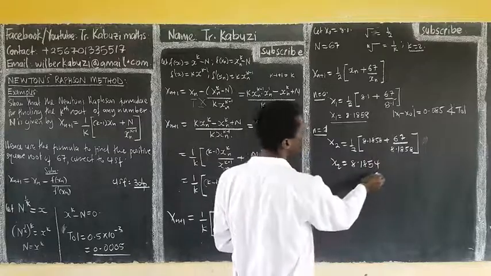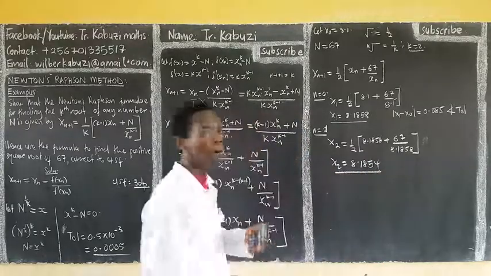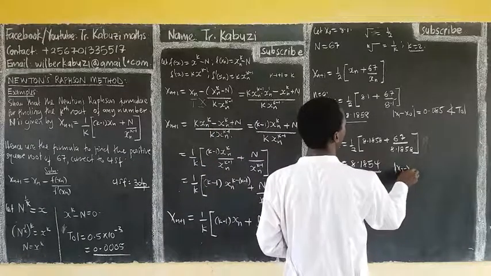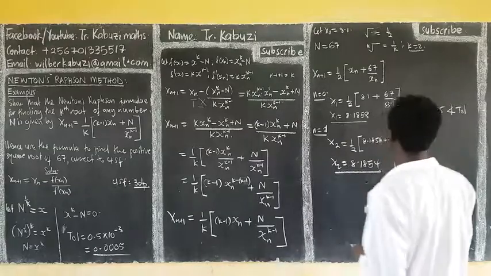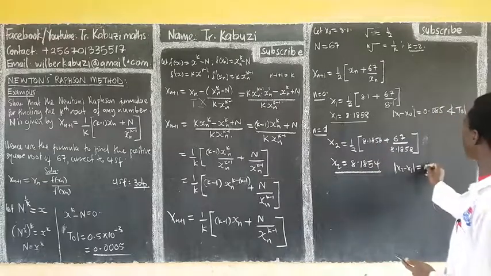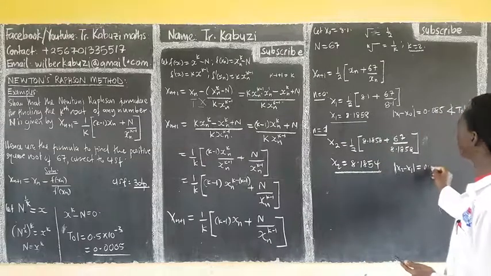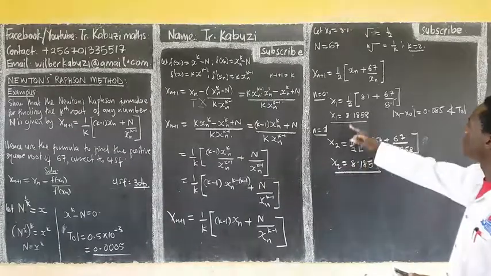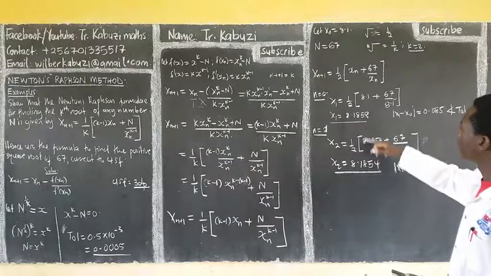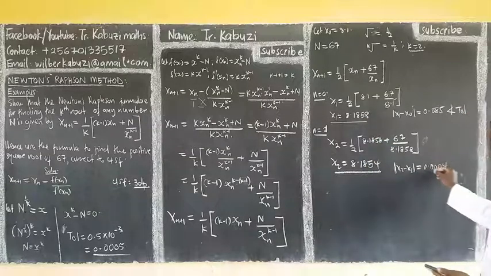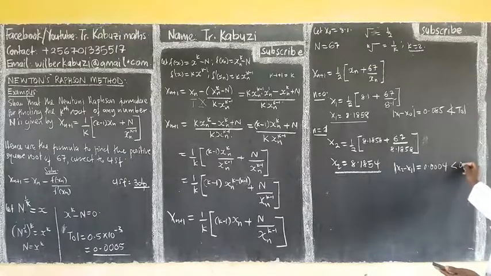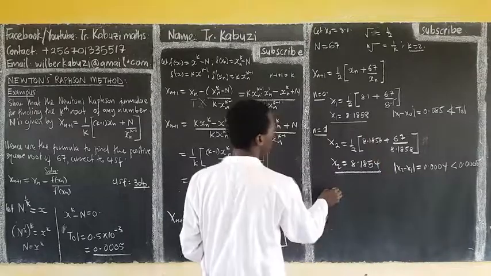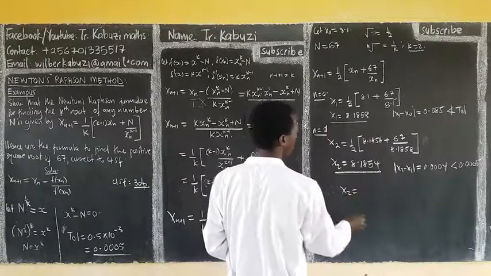The more iterations we make, the closer we get to the value. If I get x2 minus x1, when you subtract this from this, we get 0.0004, which is less than 0.0005. Now my x2 is going to be the root.